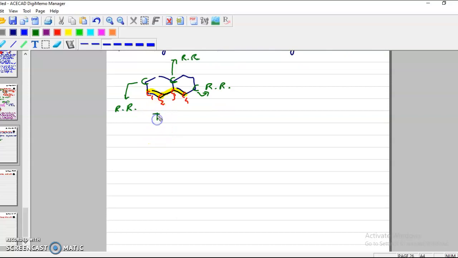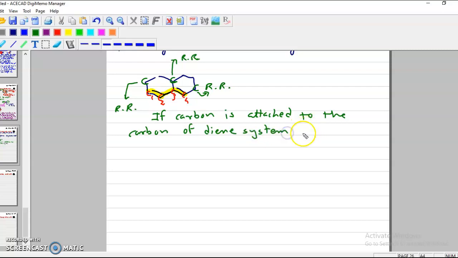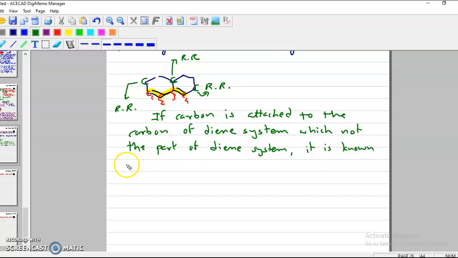So if a carbon is attached to the carbon of the diene system, which is not part of the diene system, then it is known as ring residue or alkyl substitution.